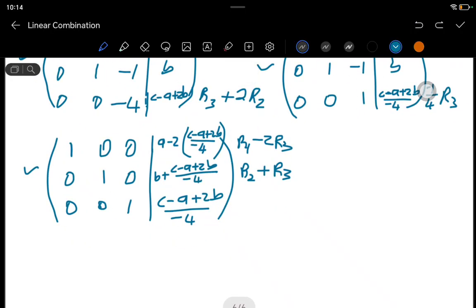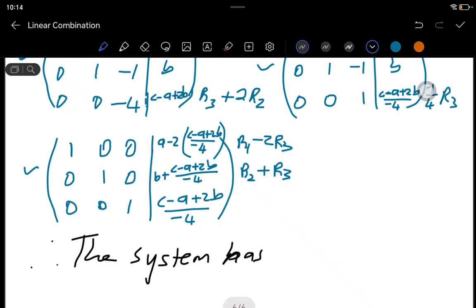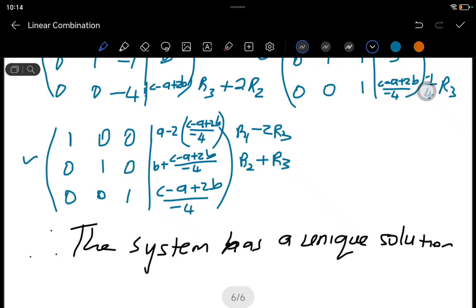Then we realize that indeed the system has a unique solution. So now I can deduce and say that the system has a unique solution, or is consistent. And in this case, we can tell that the solution will always exist for any of these values.